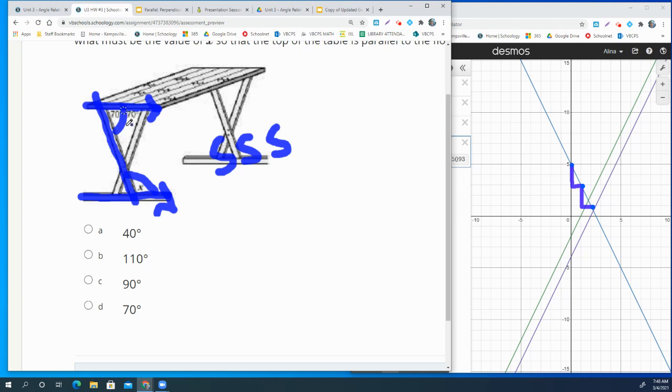I've got one acute angle, that's the 70, and then one obtuse angle that's bigger, right? So this is acute, this is obtuse. If I have acute and obtuse, acute plus obtuse is going to equal 180. So what should the answer be here? 110. Yeah, absolutely.